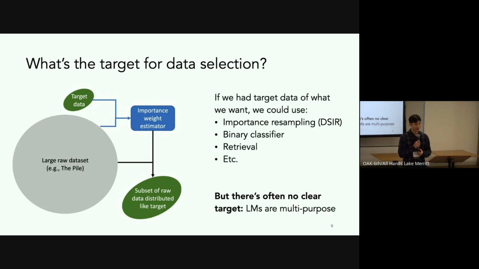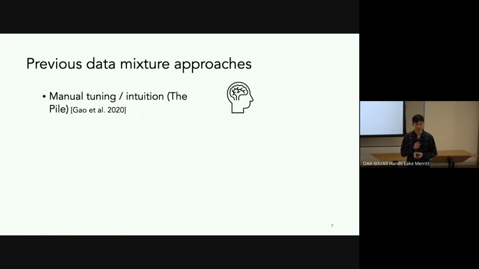But often there's no clear target. These language models are very multi-purpose, and you don't know exactly what they're going to be used for down the line. So how do we select data for this? Previous approaches for data mixtures include manual tuning or setting these data mixtures by intuition, for example, in the Pile.